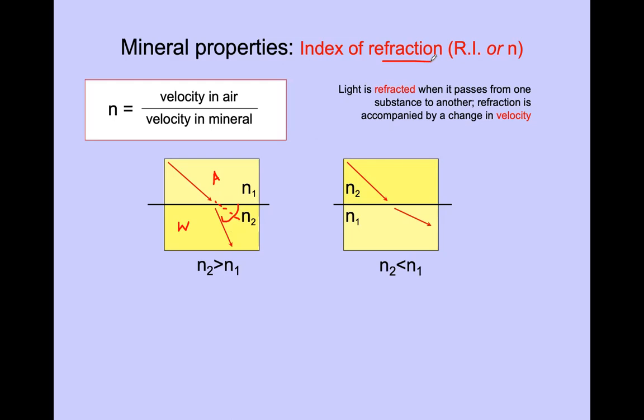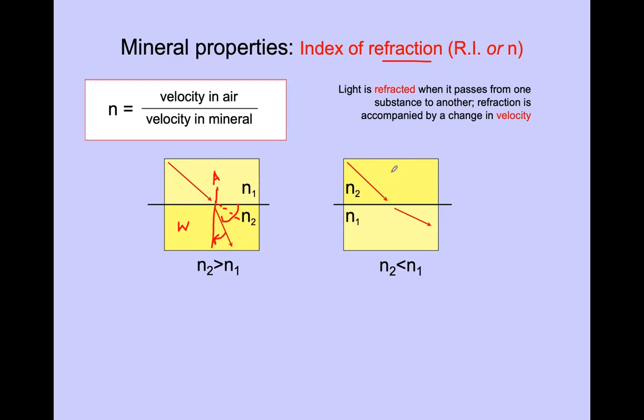This property we call refraction. So if this change happens, if you draw a line perpendicular to this surface, you can see the new beam, the new ray, has turned towards this perpendicular line.